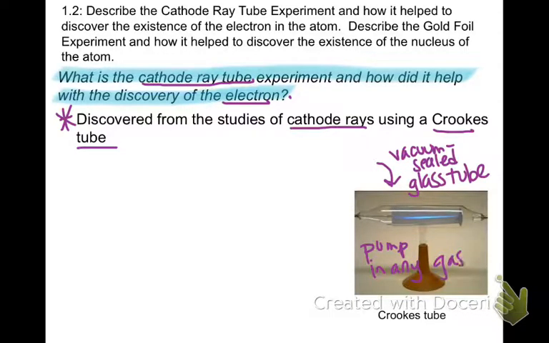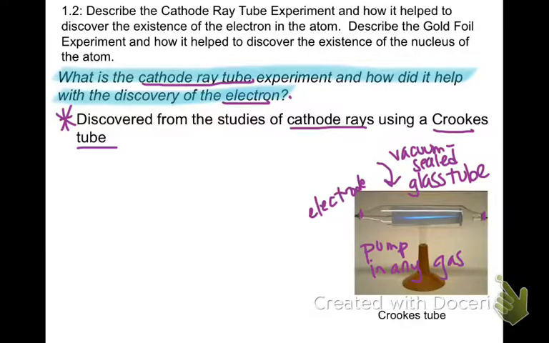This Crookes tube, or cathode ray tube, they mean exactly the same thing. It is named after a man named Crookes. They would take electrodes on either side and hook it up to a voltage source.